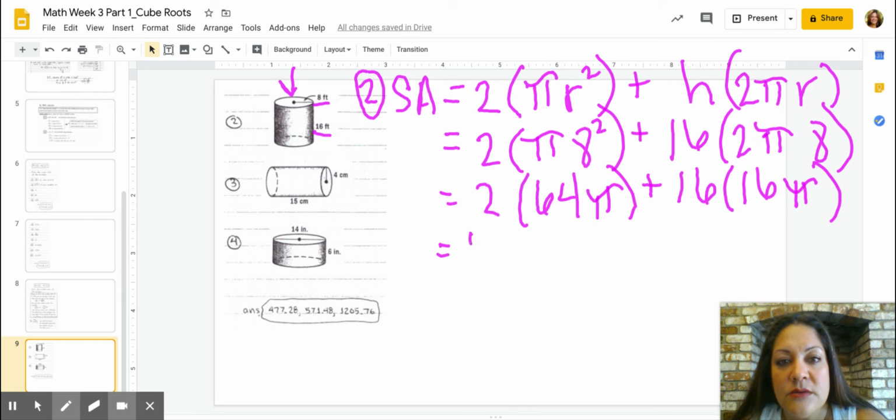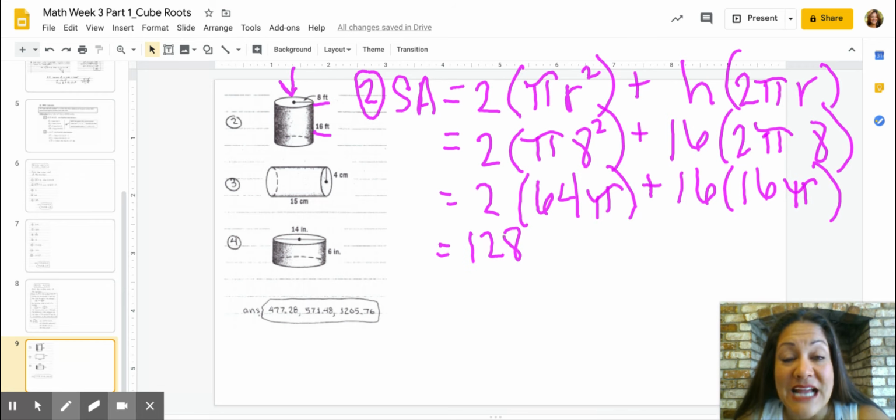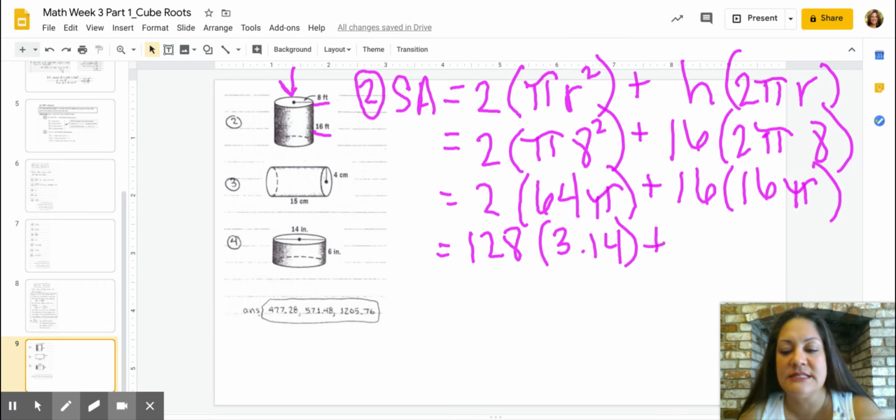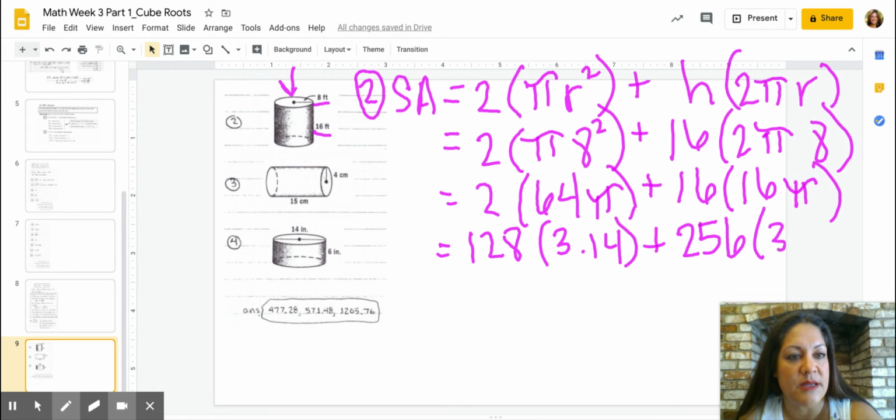Yes, 128 times pi. Pi is 3.14, plus 16 times 16 is 256. Again, times pi, which is 3.14.